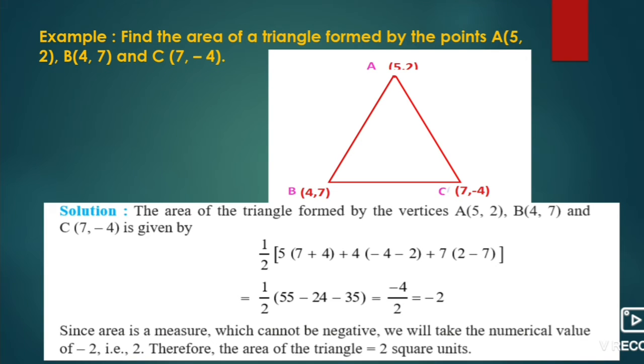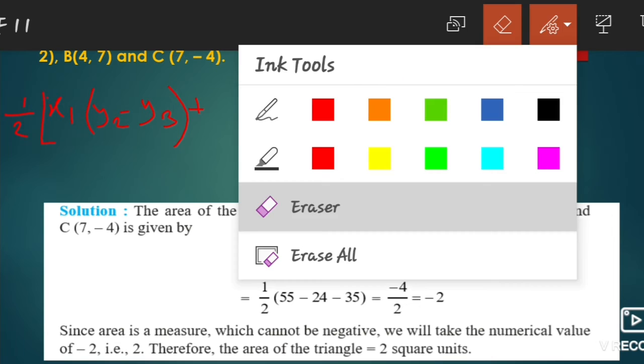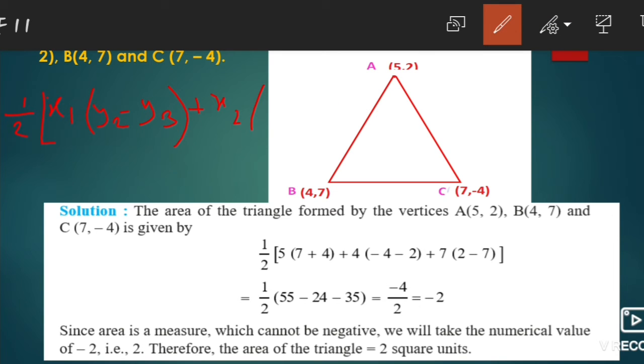Similarly, find the area of the triangle formed by the points A is equal to 5, 2, B is equal to 4, 7, C is equal to 7 comma minus 4. Again you have to use the same formula. What was the formula? Half into x1 into y2 minus y3, plus x2 into y3 minus y1 plus x3 into y1 minus y2.